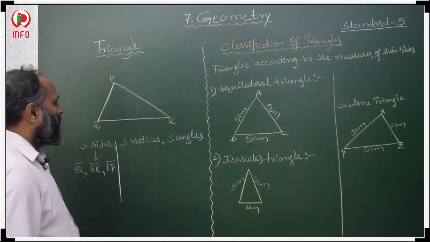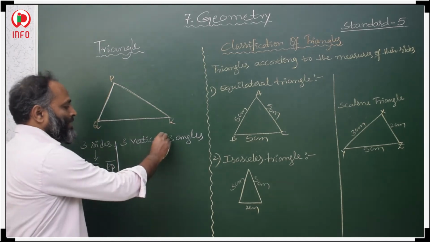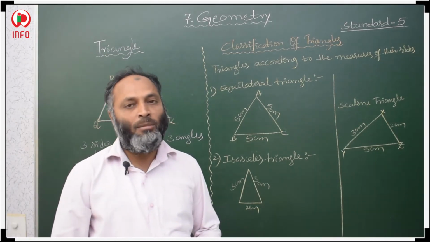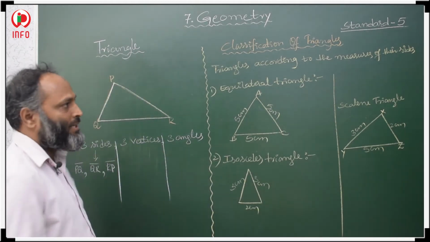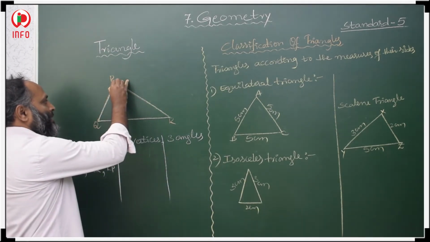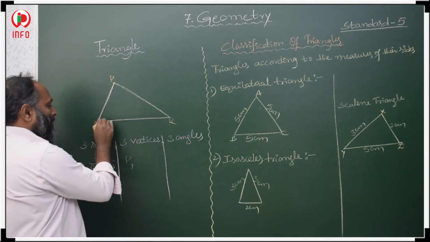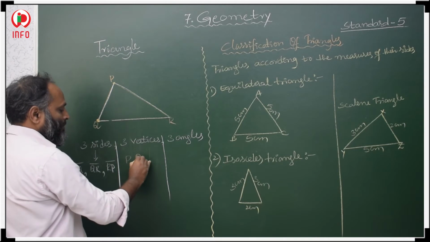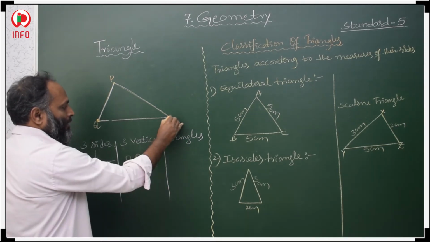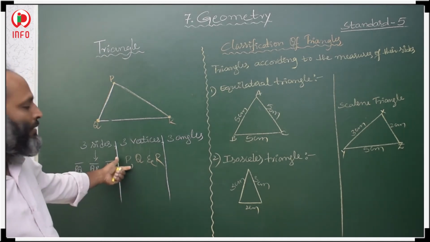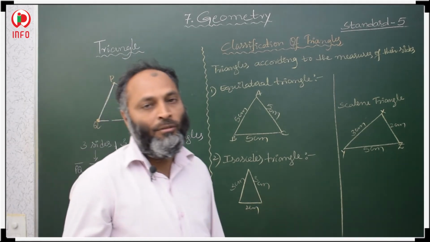Next, 3 vertices. What is a vertex? The intersection point of 2 sides, the common point of 2 sides, is a vertex. This is vertex P, vertex Q, and vertex R. We show a vertex using a single alphabet.